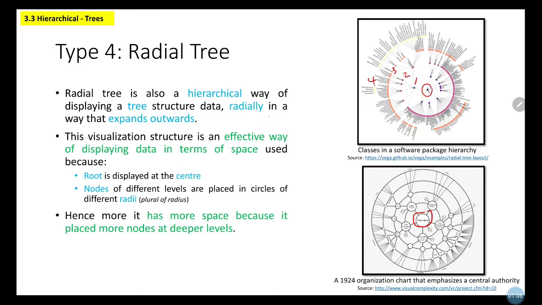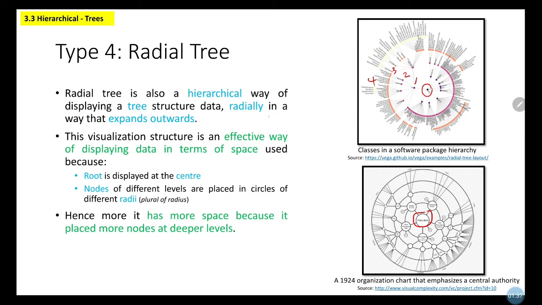So for example, at level 1, the radius would be maybe 2 centimeters. At level 2, the radius from the center could be 4 centimeters. The third level could be 6 centimeters from the central node. And the outer level, probably 8 centimeters from the central node.